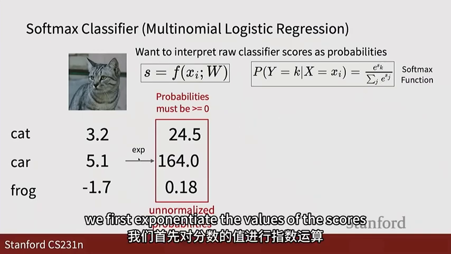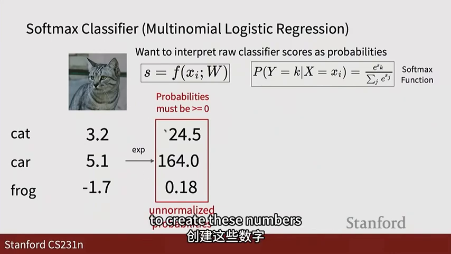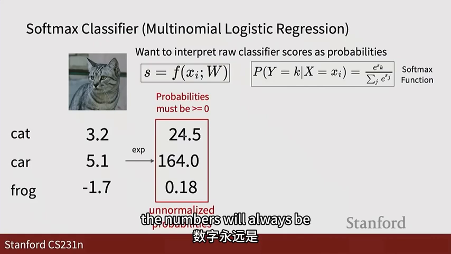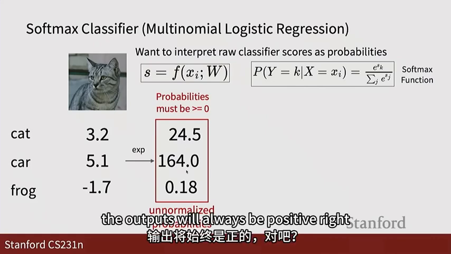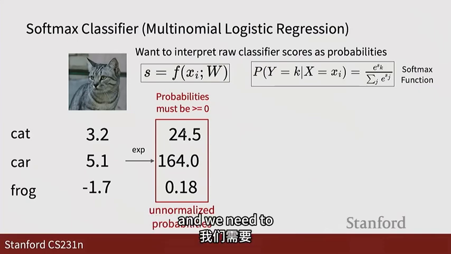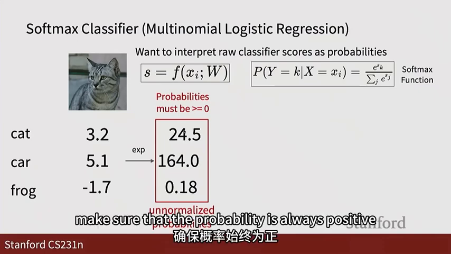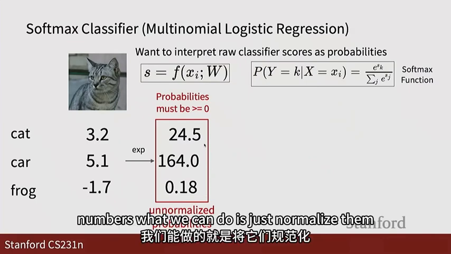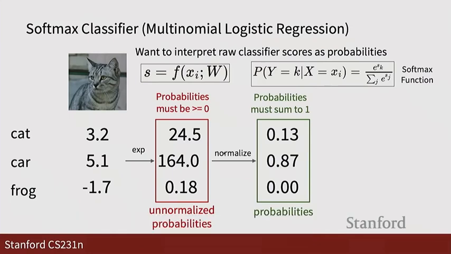We first exponentiate the values of the scores to create these numbers. When we use EXP on these numbers, the outputs will always be positive, right? And we need to make sure that the probabilities are always positive. And after creating these numbers, what we can do is just normalize them.